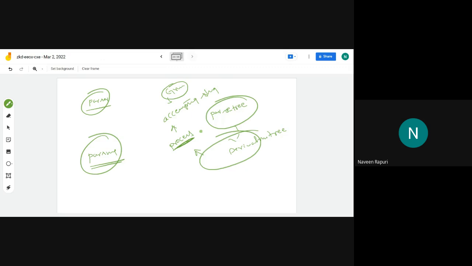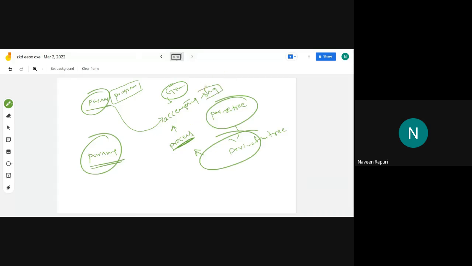What is parser? What is parsing? Sir, parser is nothing but a program. With the help of the parser only, with the help of the syntax analyzer only, we accept the strings.